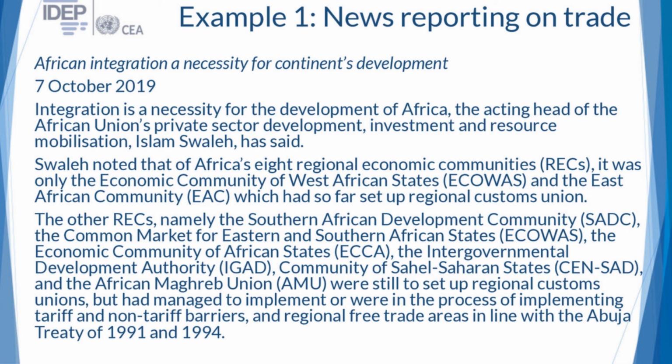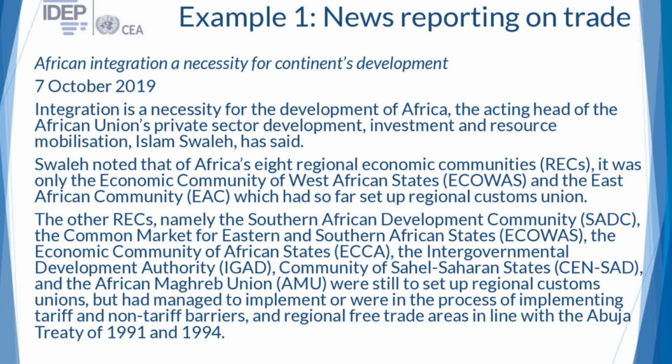The first example that you have is a story that was published in October 2019, and it's dealing with the issue of economic cooperation and how it can help in promoting development in Africa. This particular story was quoting a senior official of the African Union's private sector development, investment and resource mobilization program.